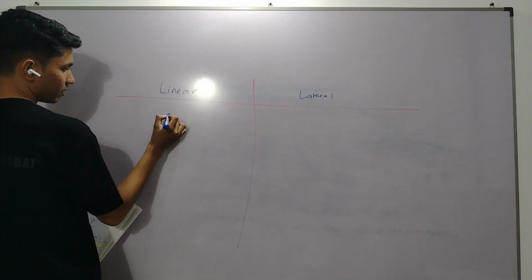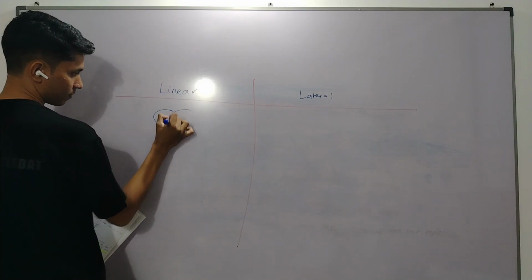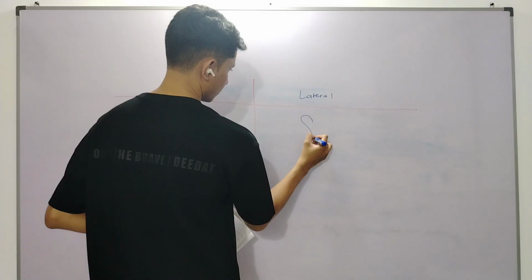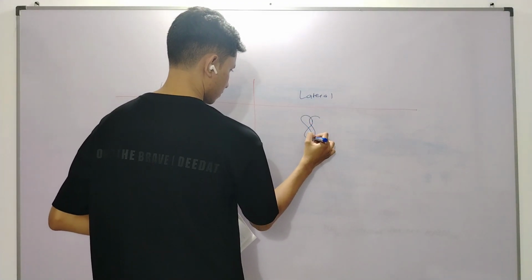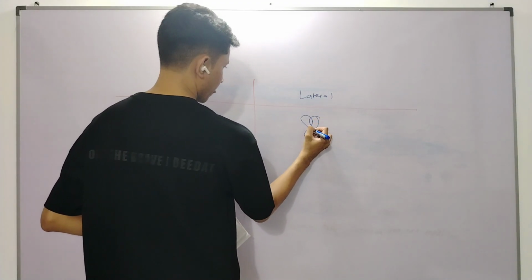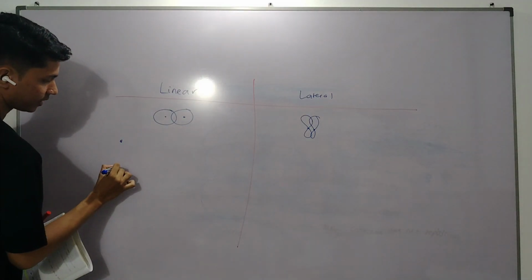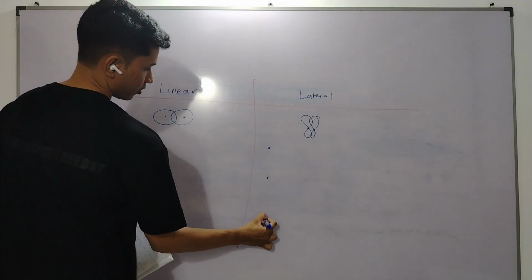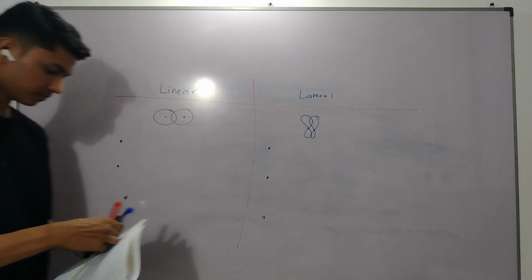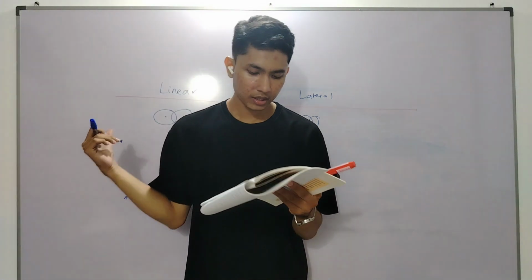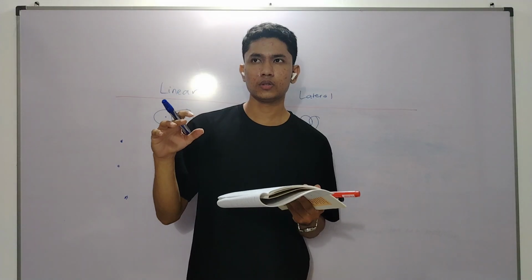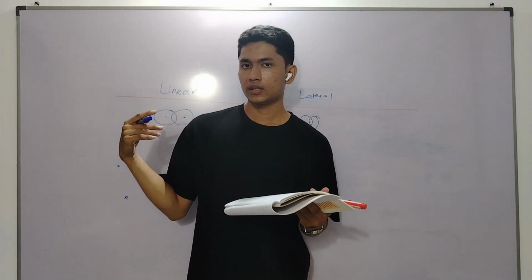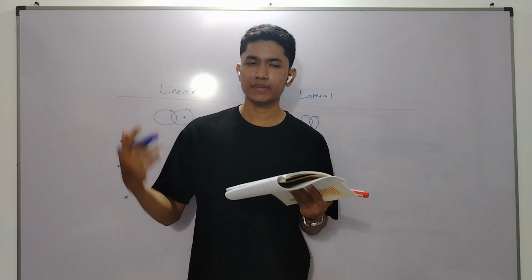For linear overlapping, draw an example like this; for lateral overlapping, draw this example. Start writing these points which I am going to say now, because you have to write them if they ask in SAQs, or you should at least have a brief idea about this.